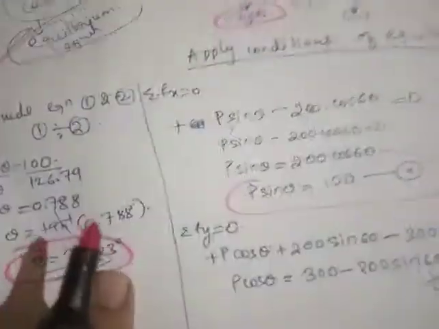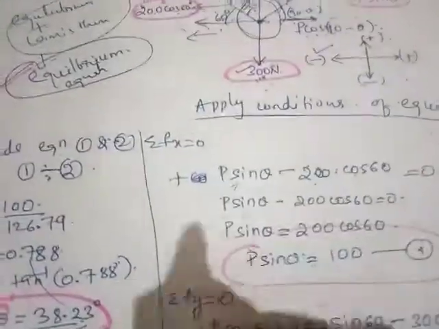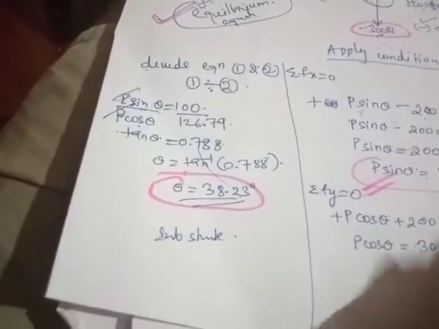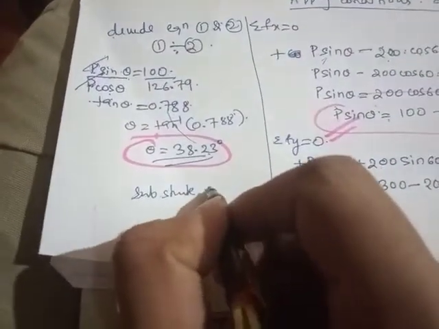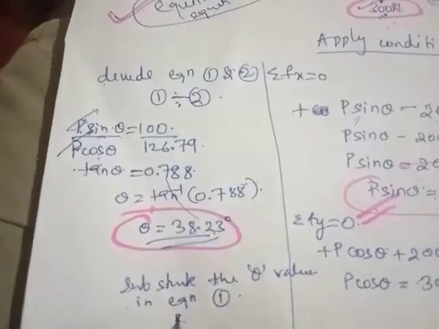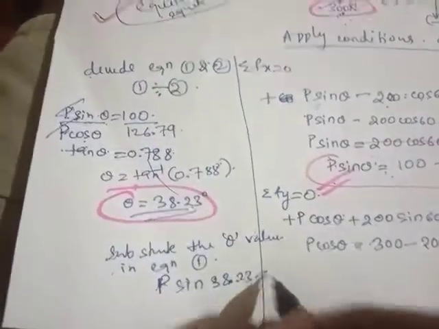Substitute the value of theta in either equation 1 or equation 2 to get the force P. In this case I am substituting theta in equation 1. P sin 38.23 degrees equals 100.